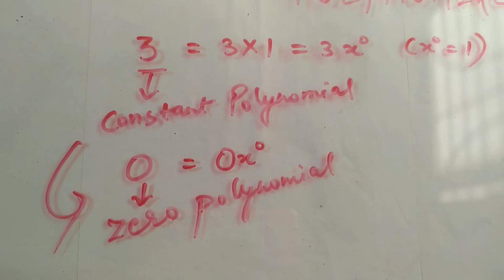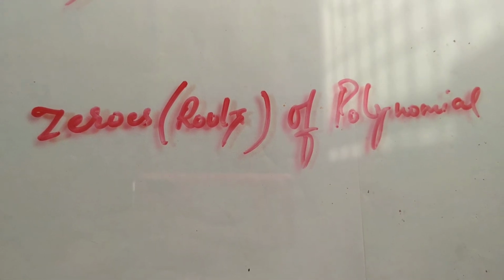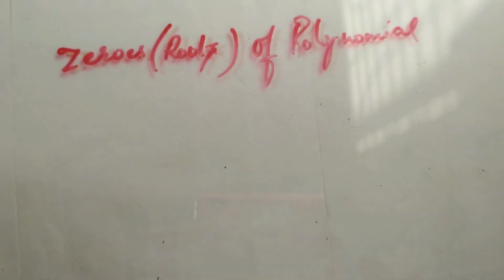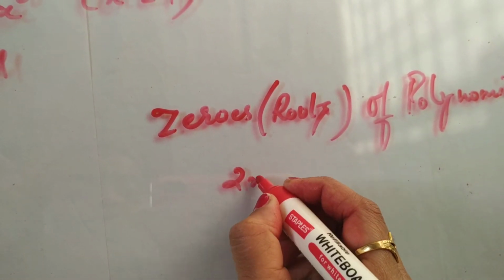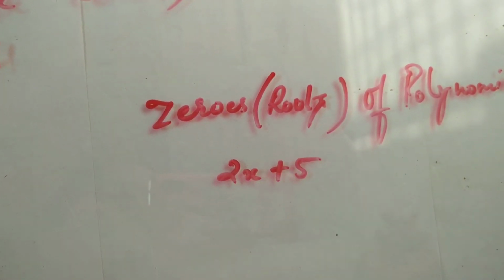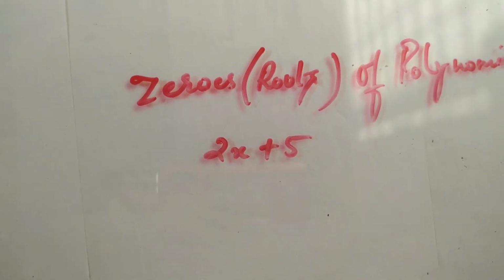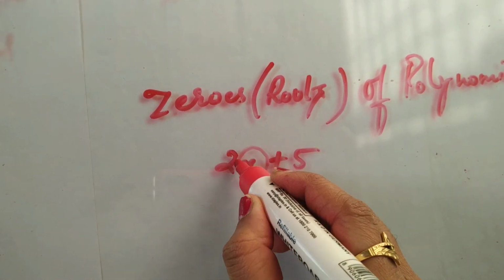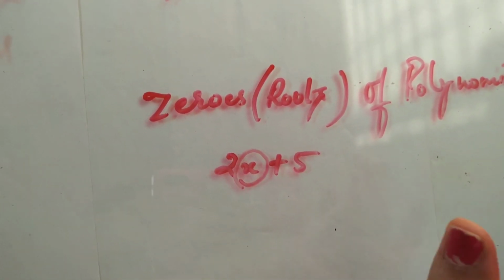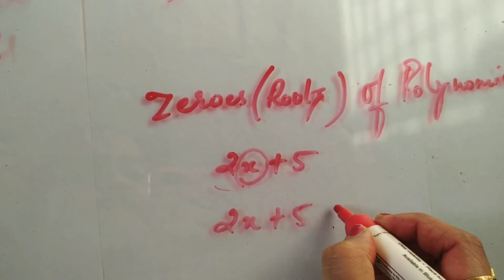Now let us see one more concept of polynomial: zeros of a polynomial. Zeros of a polynomial or roots of a polynomial. For example, 2x plus 5. If someone asks what is the zero of the polynomial, that means which value of x makes the value of the whole polynomial 0. That means 2x plus 5 is equal to 0.